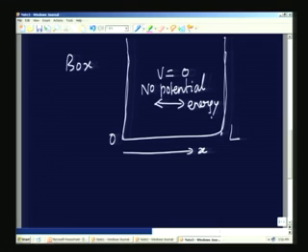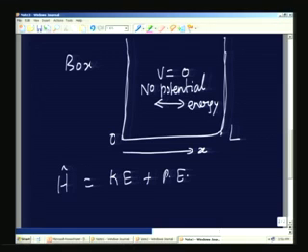You remember that the Hamiltonian is kinetic energy plus the potential energy. Therefore, if the particle is moving inside the box and does not have any potential energy, obviously the Hamiltonian is given by its kinetic energy.